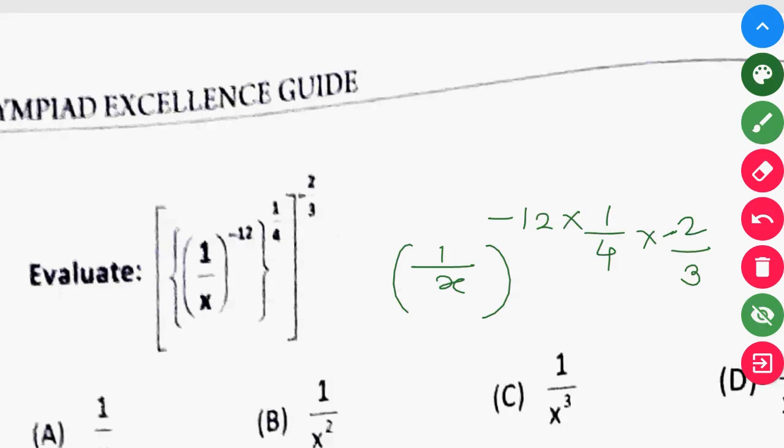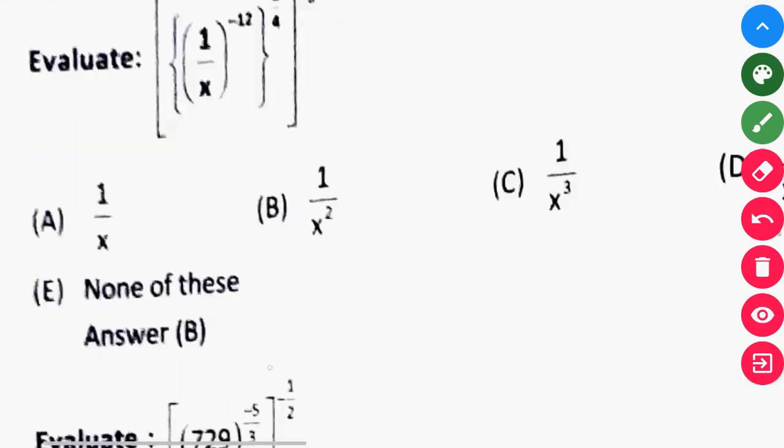We don't need to take its reciprocal because minus minus becomes plus already. So 4 ones are 4, 4 threes are 12, 3 ones are 3. So this is 1 upon x square. So where is your answer? 1 square and x square. So B is our answer.